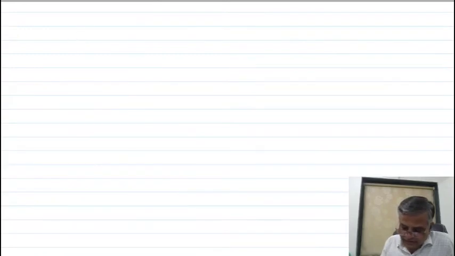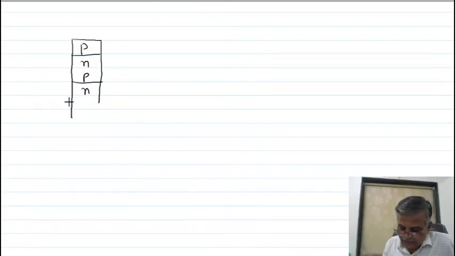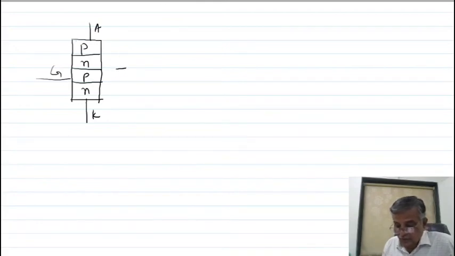This is your SCR, PNPN. This is the anode, this is your cathode, and this is the gate. I can draw this in a diagram.